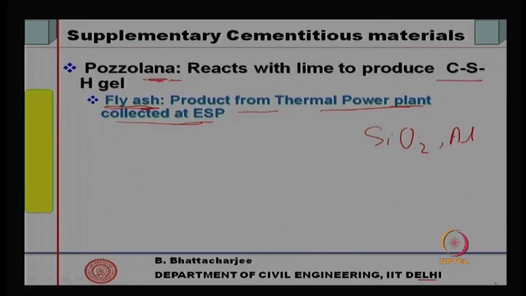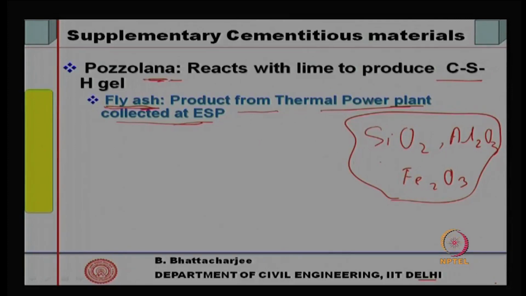The coal is carbon; the carbon and sulfur will get converted into carbon dioxide or sulfur dioxide, and many other NOx in small quantities, and they will go away. What about clay? It is SiO2, Al2O3, Fe2O3. These materials will remain, and since they are very fine, they will remain as ash.